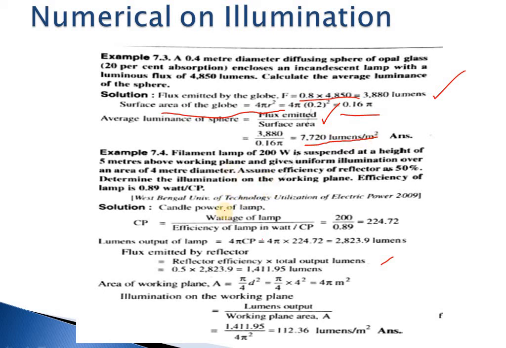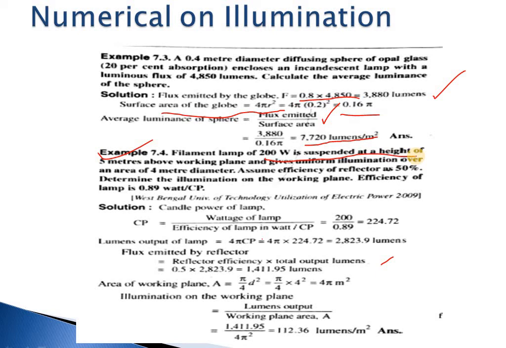Now example 4. A filament lamp of 200 watt is suspended at a height of 5 meters above the working plane and gives uniform illumination over an area of 4 meter diameter. Assuming the efficiency of the reflector as 50%, determine the illumination on the working plane.